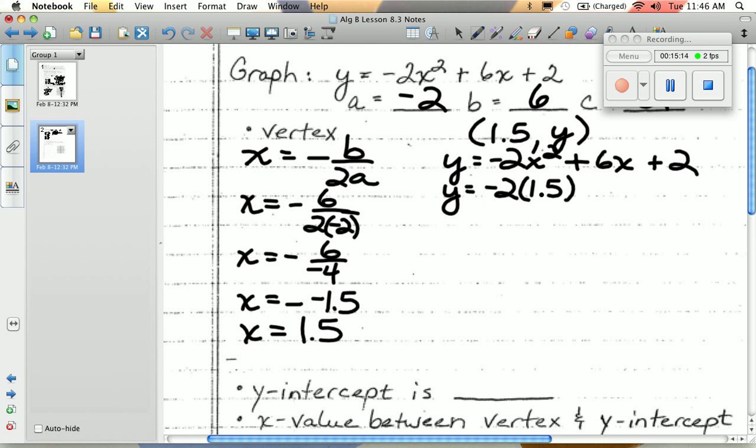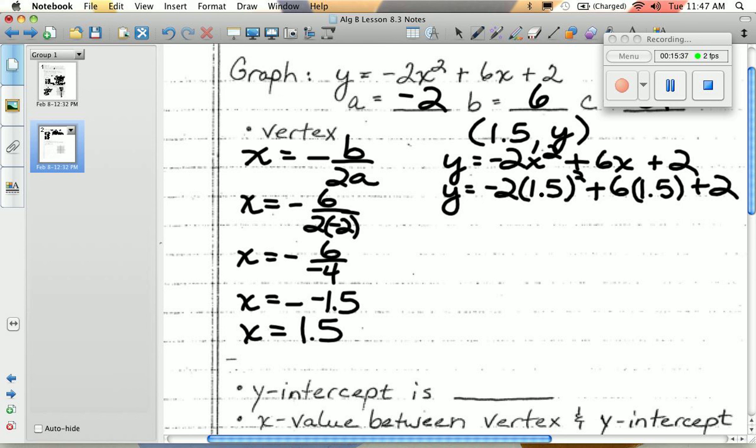Now, some of you, this is where you're going wrong, and I want you to stop and listen. It would be really nice if, instead of taking 1.5 and squaring it first, we could take it times -2 and make it into an integer. Sure would be a lot nicer. But we can't.